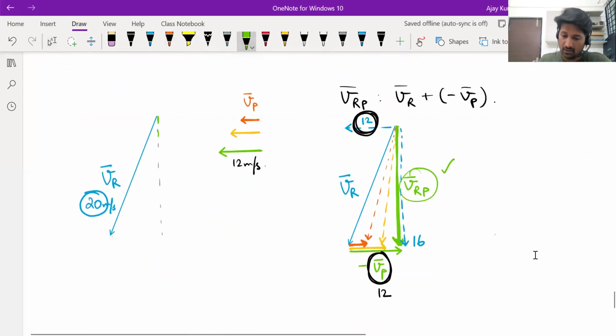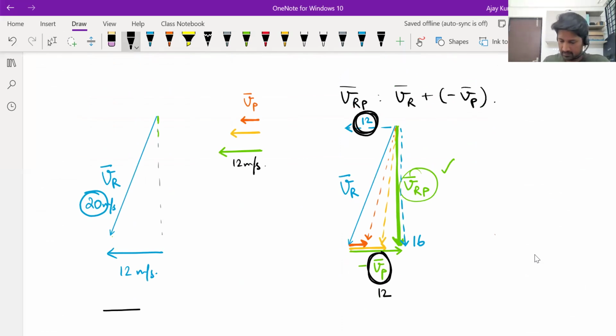Their horizontal velocity was 12 meter per second to the left. This is the raindrops' horizontal velocity. If the person also maintains that velocity to the left, then relatively raindrops won't move to the left or right. Horizontally, they won't move. They'll only be moving vertically. That vertical velocity will anyway be there. That is what we found out here.